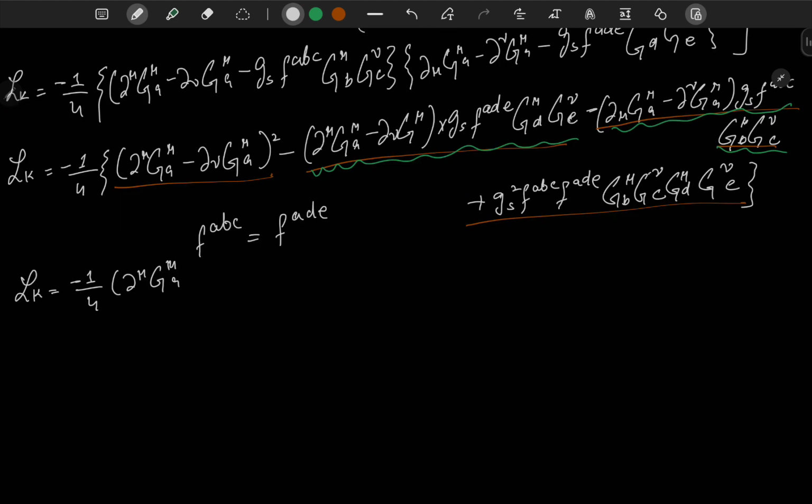So now multiplying also -1 inside, we get d nu g mu of a minus this vector gs, and there will be -4 multiplying with these two terms, and the fact that we are adding this term and this term and using this property, so we get a factor of 2.